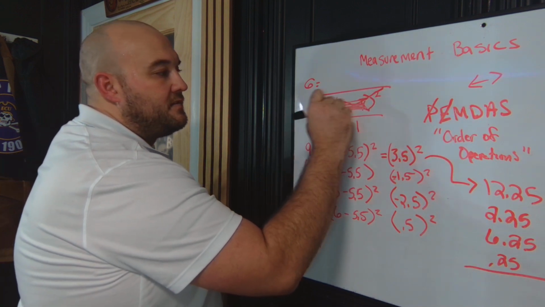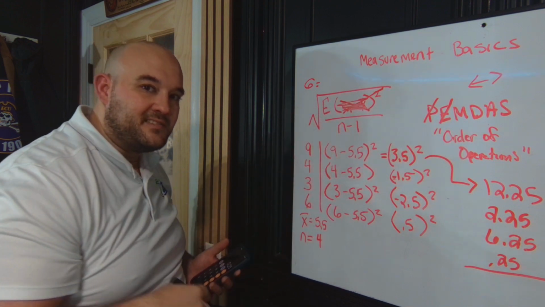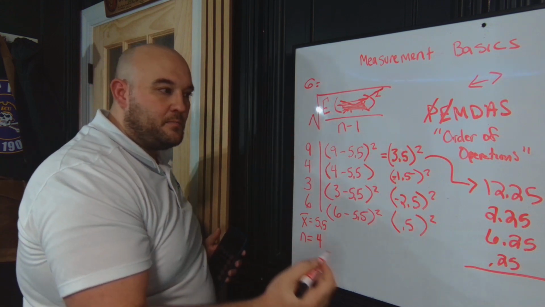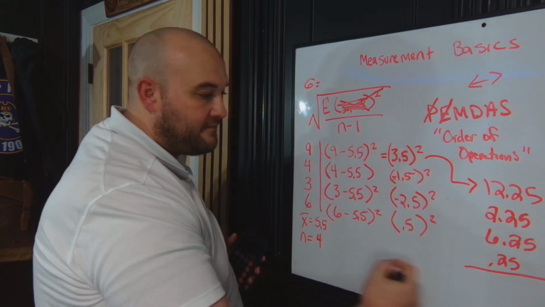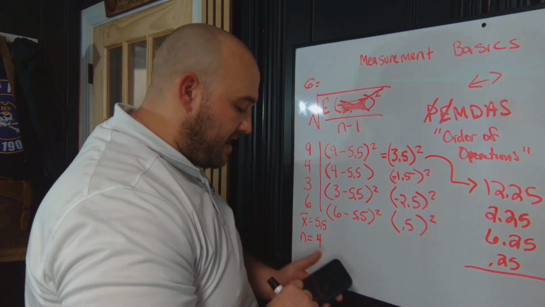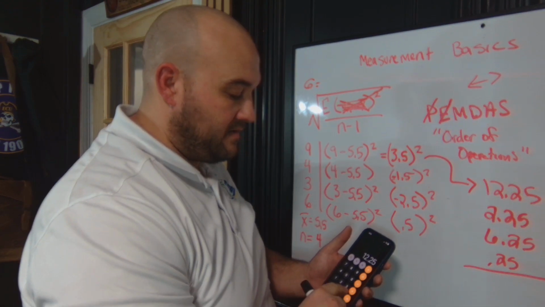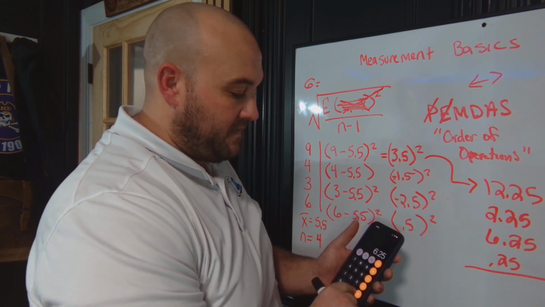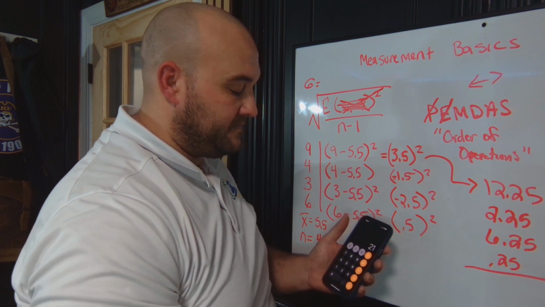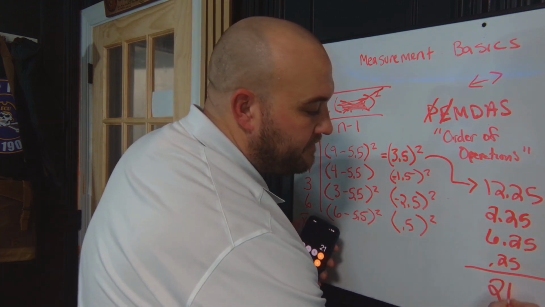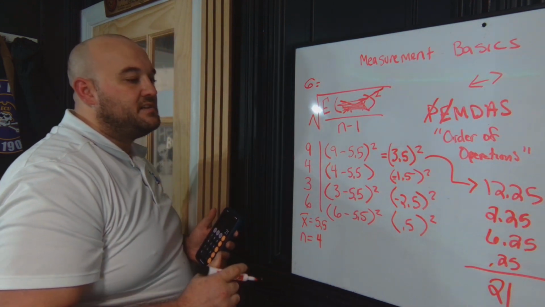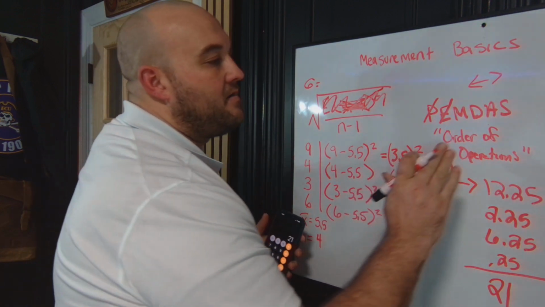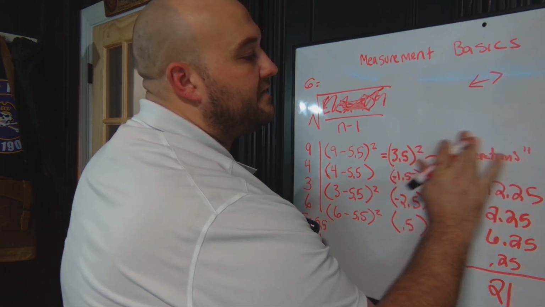Now I want to eliminate this whole area. This represents the sum of the equation. So essentially, the sigma symbol means adding all of your values that you got. I'll add 12.25 plus 2.25 plus 6.25 plus 0.25, and I get 21. So I've eliminated this whole situation, and I'm just going to erase this because you guys already have this.